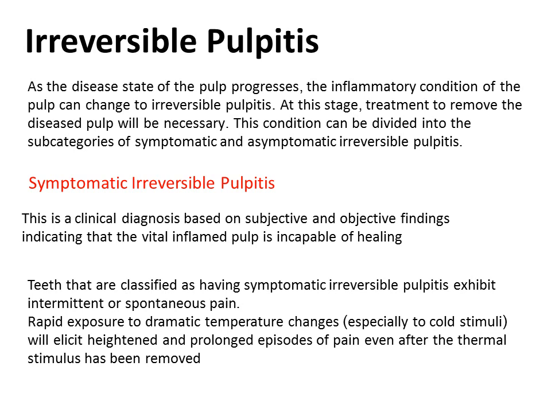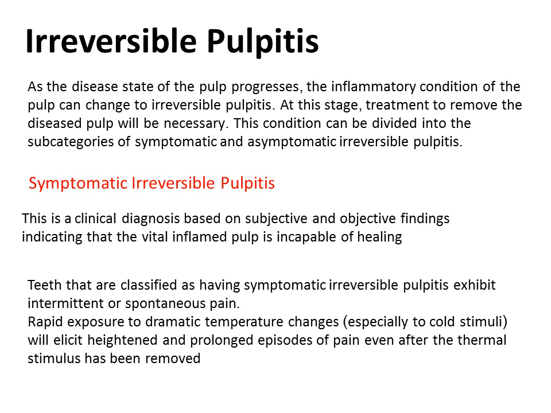For the irreversible pulpitis, if the disease of the pulp remains, it will show some progression. So the inflammatory condition of the pulp can change to irreversible pulpitis. At this stage, treatment is the removal of the diseased pulp. Such a condition could be symptomatic or asymptomatic.